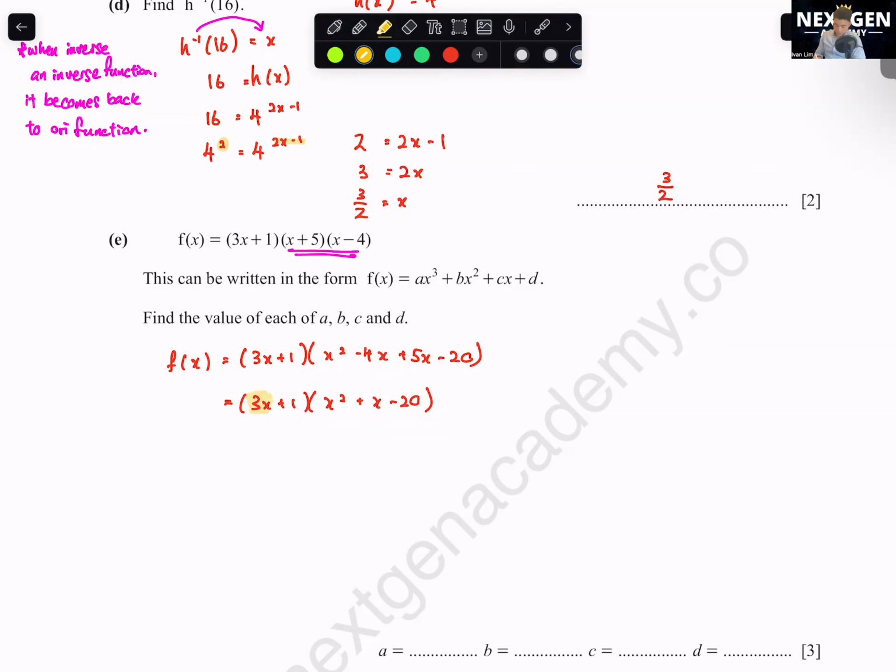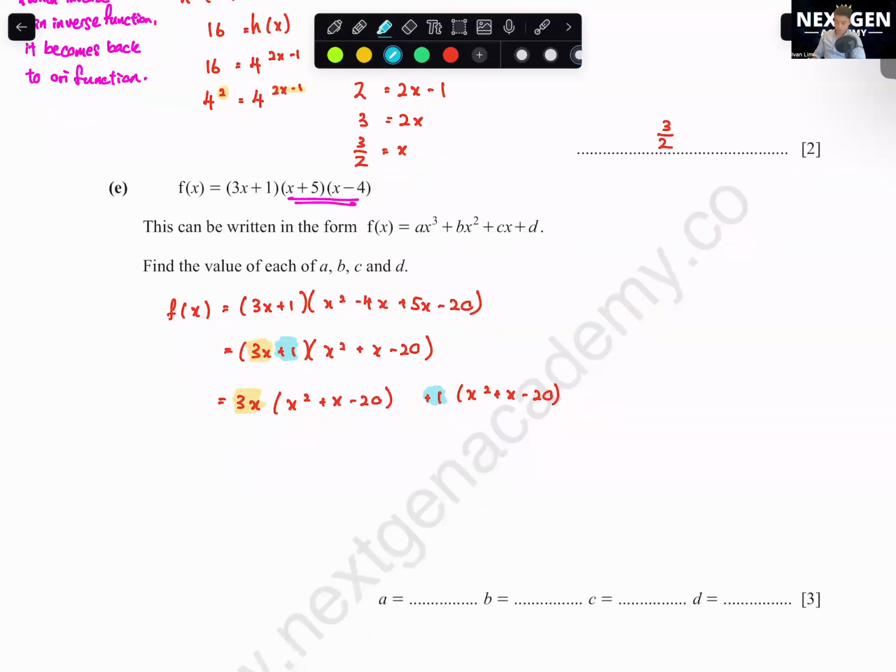I write 3x first, which is the yellow color term, then the bracket behind it: x squared plus x minus 20, then I write the blue color term. Got it? This extra line can save you from making mistakes. Only then you open up the bracket.